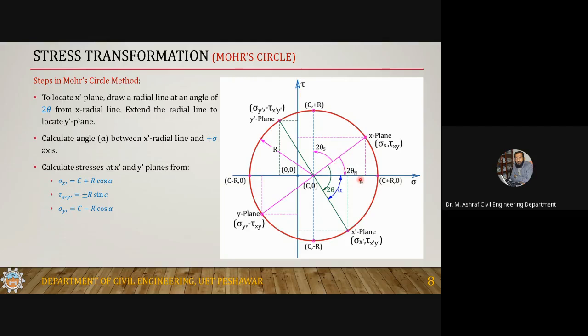It will give you 2 theta, and halve it, and it will give you the value of theta. Using the same procedure, when you get this point, just measure this distance and, according to the scale, convert it into the normal stress, and measure this distance and convert it according to the scale into shear stress. So you get sigma x and tau xy graphically, not using any calculation.